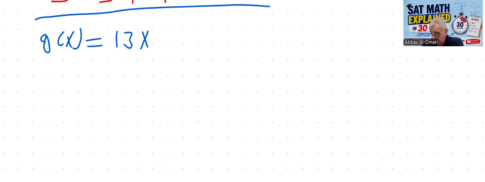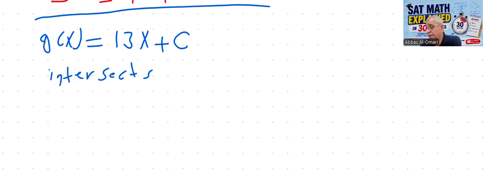This is given. Now, if the graph intersects the x-axis at x equals 3. Now, if this function intersects the x-axis at x equals 3.